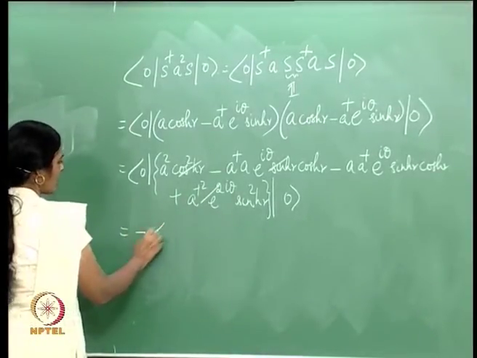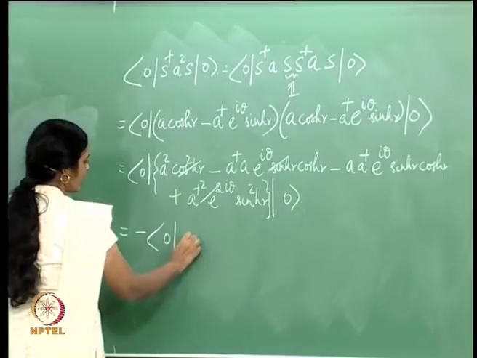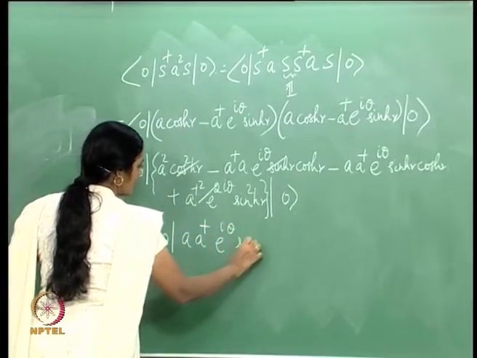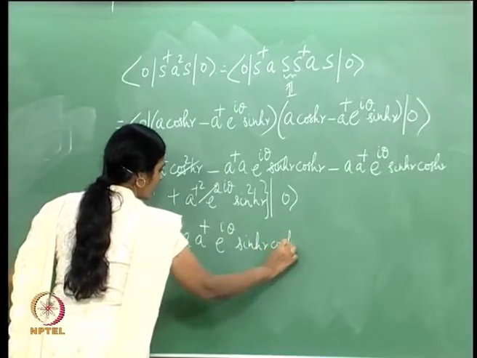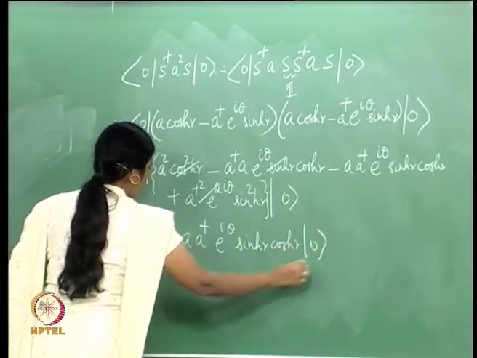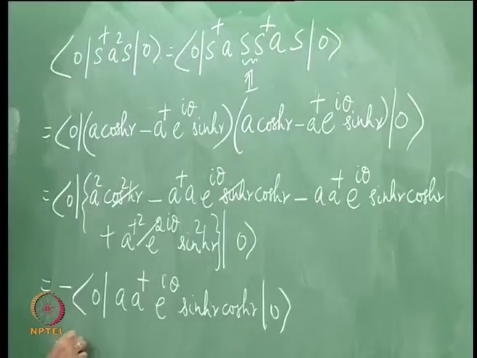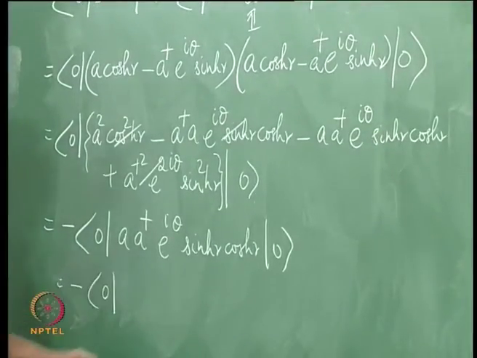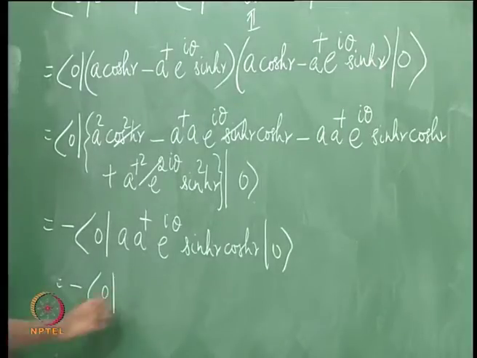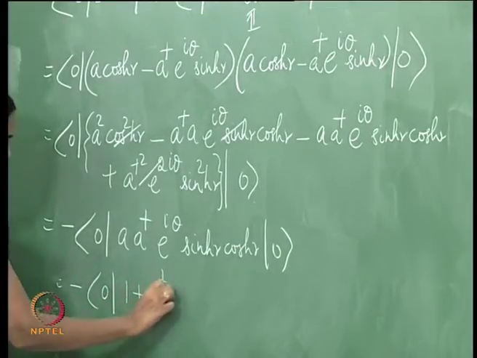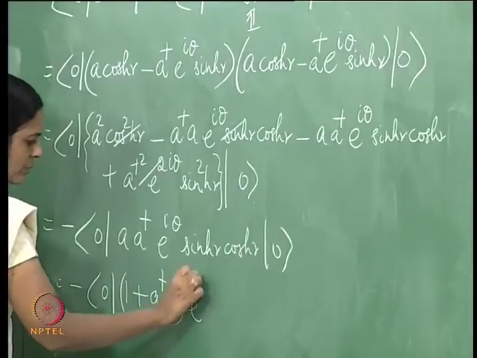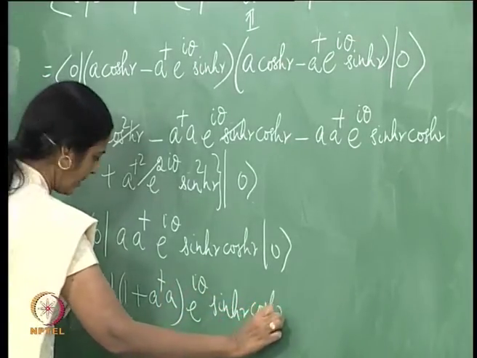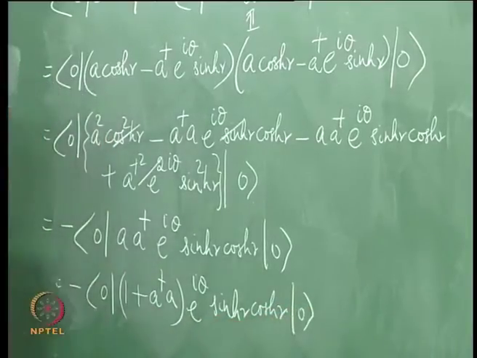So, this is the same as minus bra 0 a a dagger e to the i theta sinh r cosh r ket 0. I know that a a dagger is 1 plus a dagger a, and there is an e to the i theta sinh r cosh r ket 0.